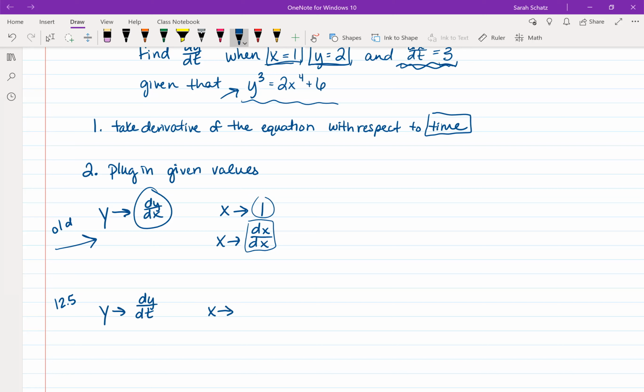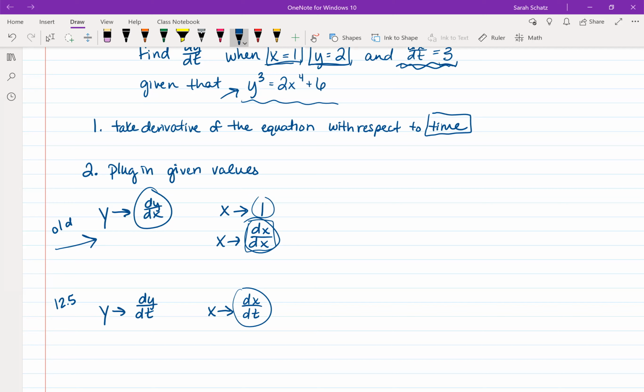And when I take the derivative of an x term, it's not going to be dx dx and just go away like it always has, because I'm not taking with respect to x this time. I'm going to take the derivative of x with respect to time. So it's going to get its own add-on term. So I like to say when you're doing related rates, everything gets a dt.